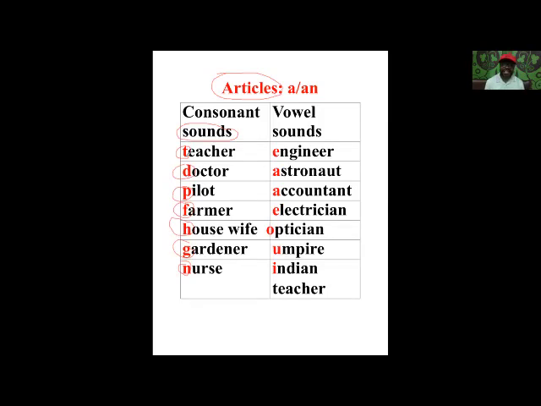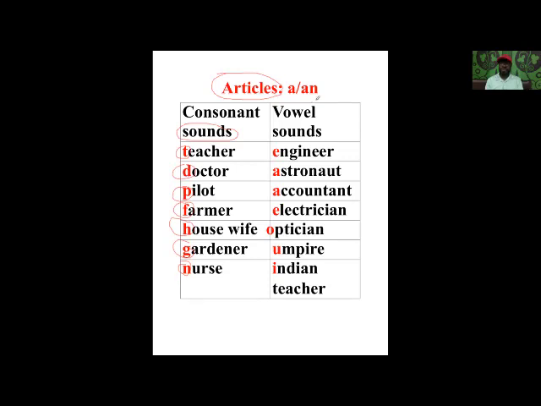Ta, ta, da, da, pa, pa. Look at my lips. Pa. Those are sounds. The letters are T, D, P, F, H, G, N. Those ones are called consonant letters.